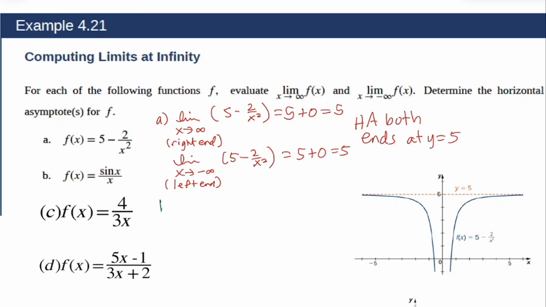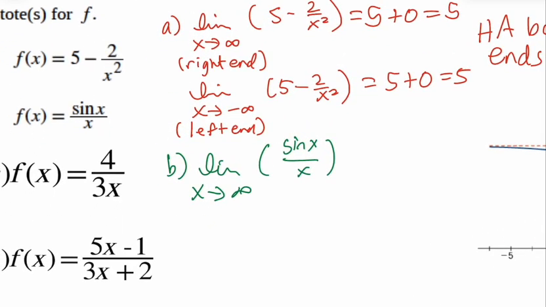Now let's take a look at B. And let's look at the right end. So as x goes to infinity, the sine is going to wobble, okay?